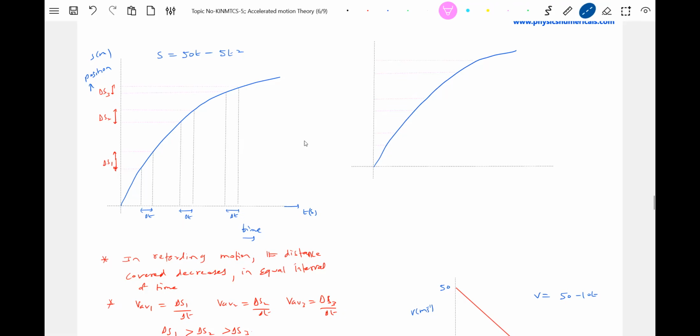This y-axis, we'll see what will happen. Definitely, it is increasing. So these are equal displacements, delta S, delta S, delta S, and there's a position axis and a time axis.